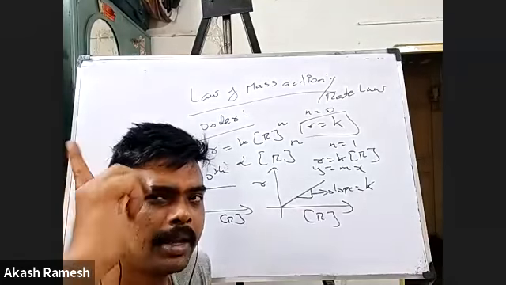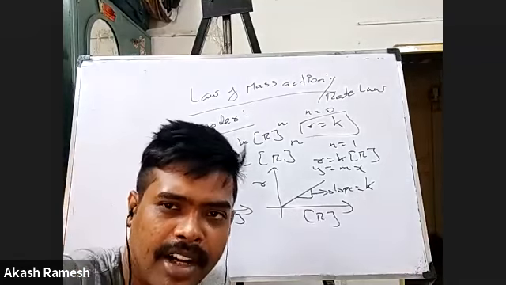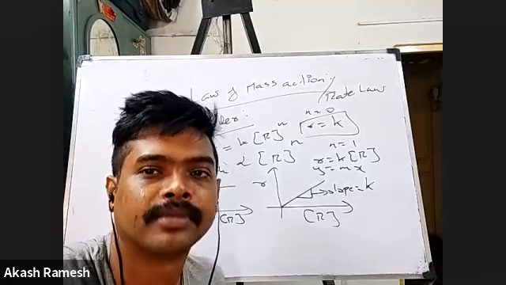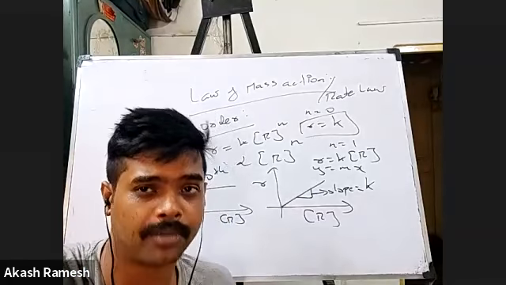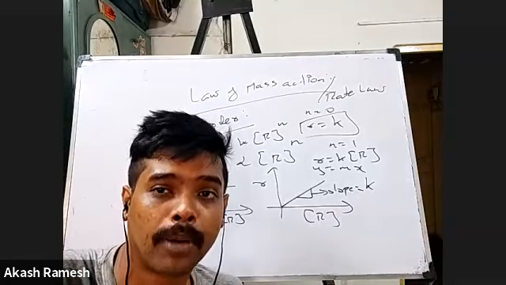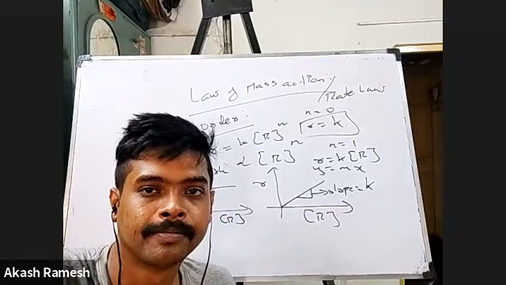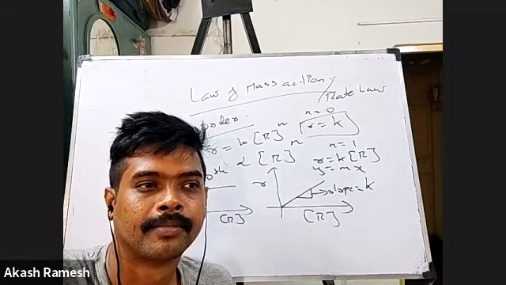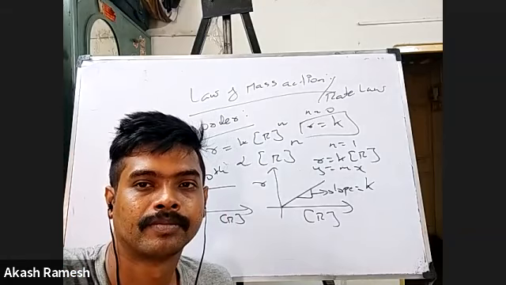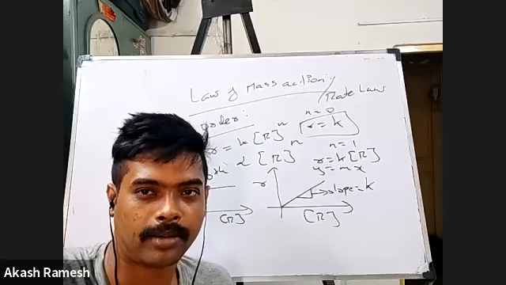Okay. Now tell me, I will not draw the graph. If it is a second order reaction, what will be the shape of the curve? Upward parabola. Correct. So it's going to be a parabola. Very good. Right?